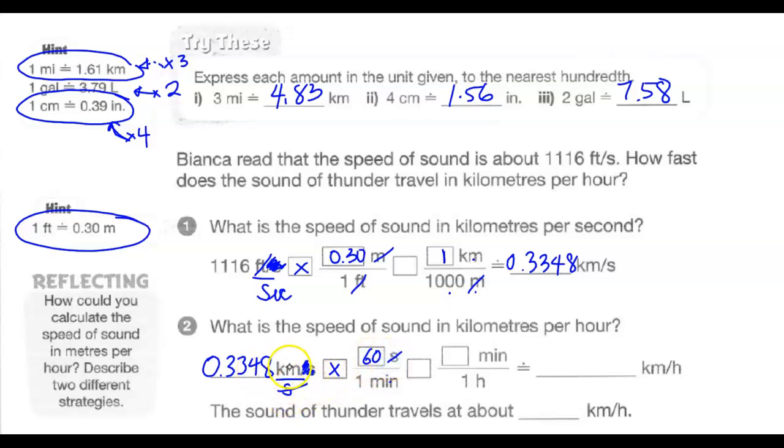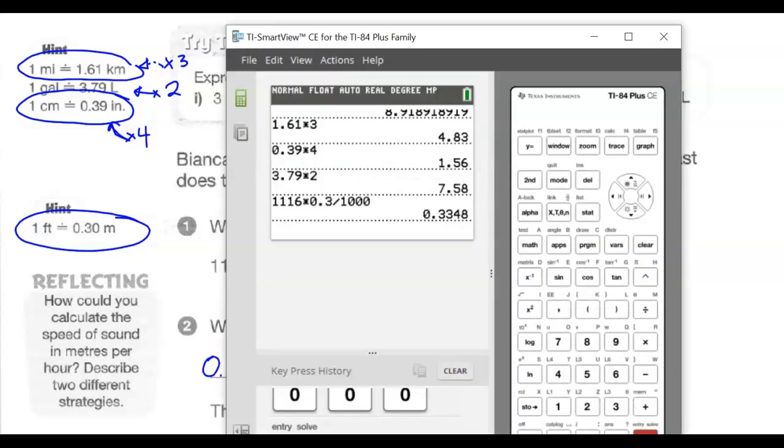So now we're into kilometers per minute if we stop there. But we want to get it into kilometers per hour. So then we're going to multiply. Well, in 1 hour, there's 60 minutes. So then the minutes here divide out. And so now you're left with kilometers per hour. So we need to take our calculator, it's already in there, and multiply by 60 and then by 60 again.